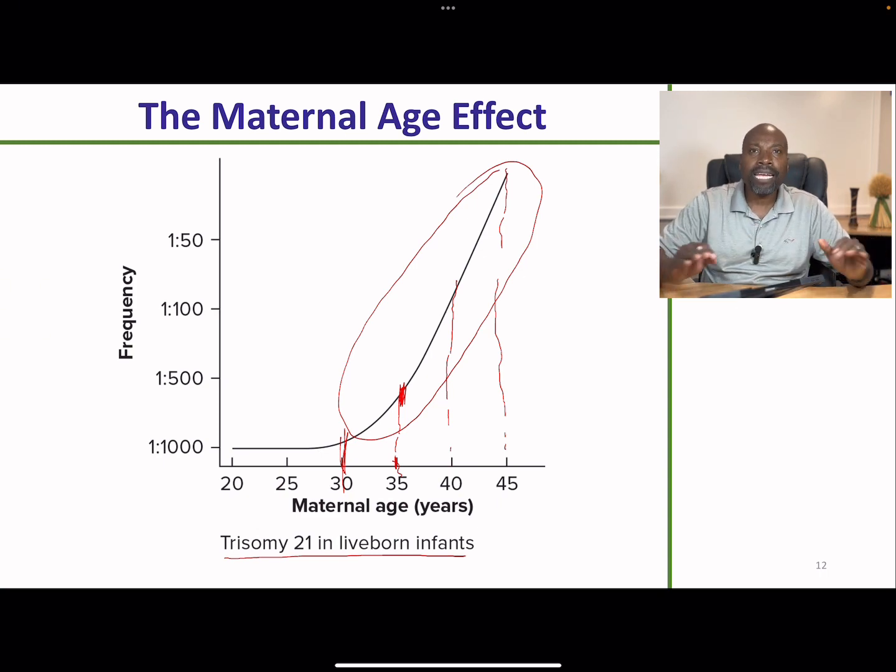So it is classified as a high-risk pregnancy. That way, a bunch of tests are being done, including the trisomy 21 test.